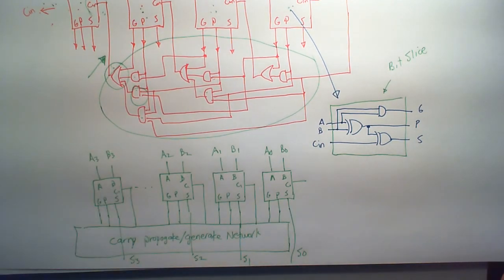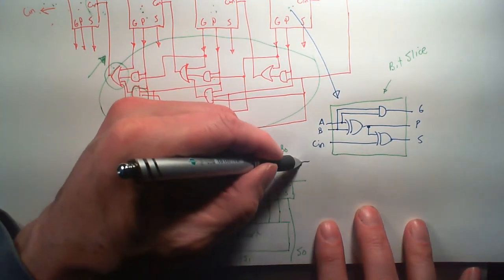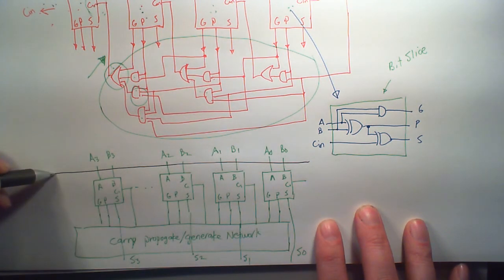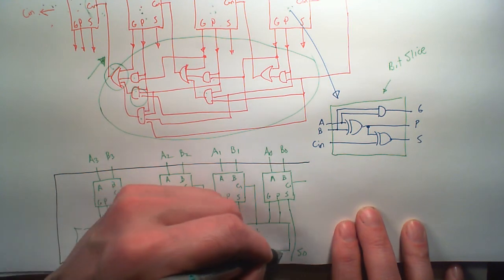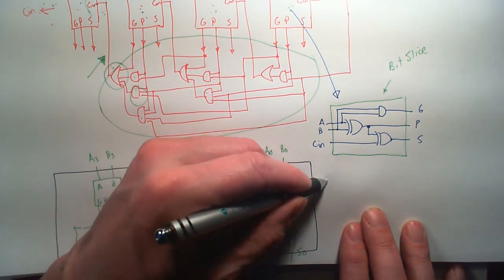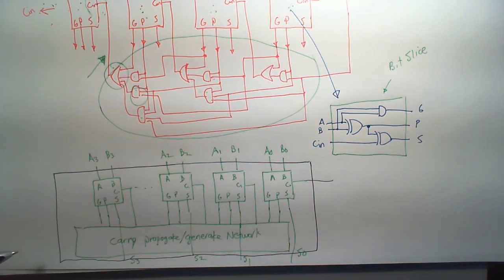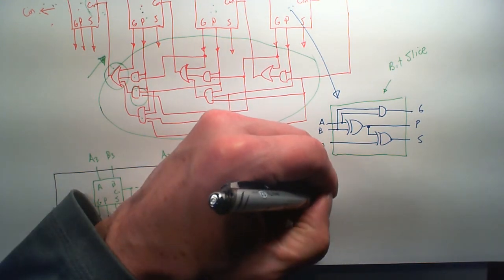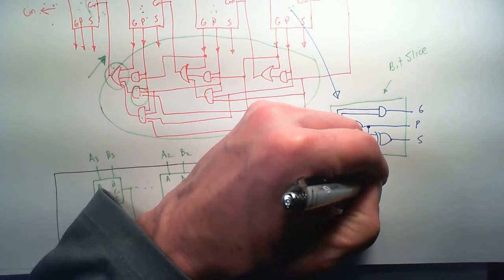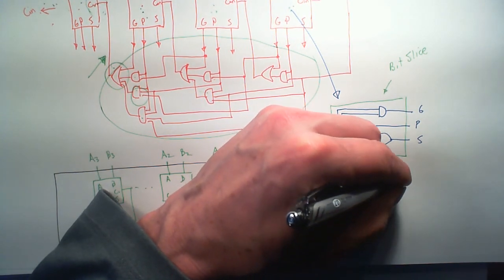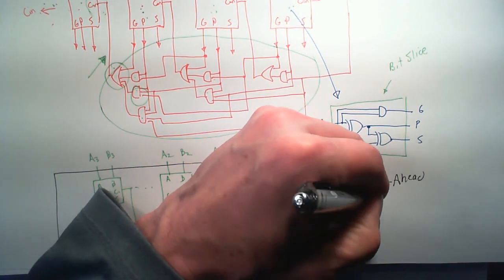If I put all of this in a box like this, and so just the operand inputs and the operand outputs are exposed outside the box along with the carry in, I would call that then a carry-lookahead adder.